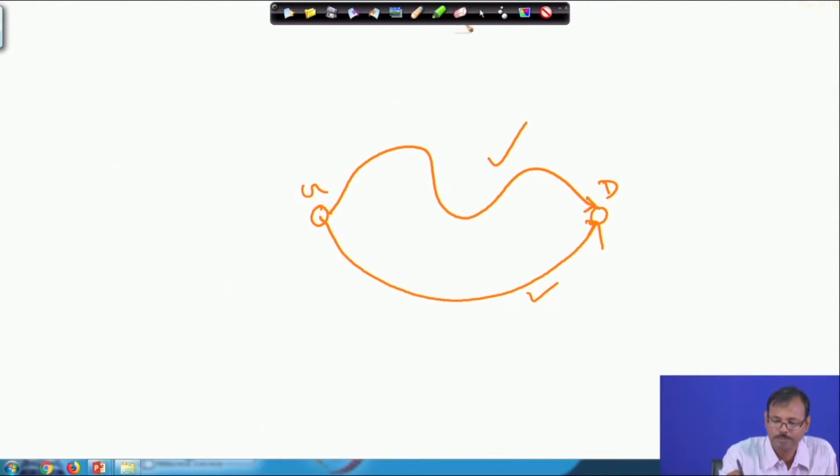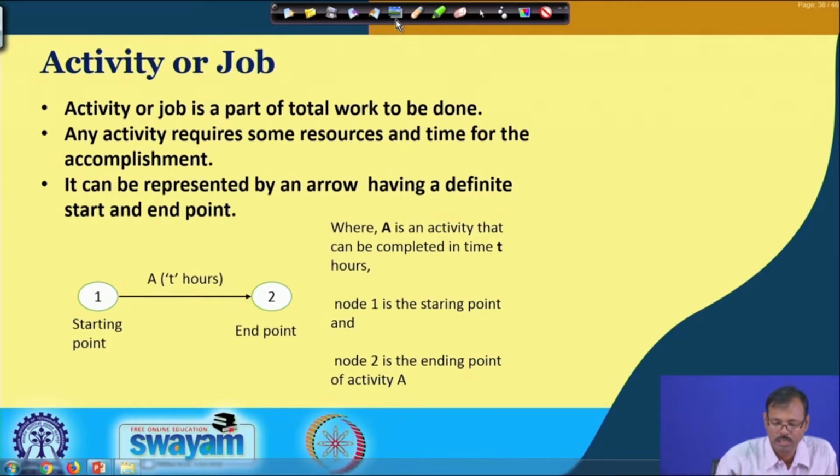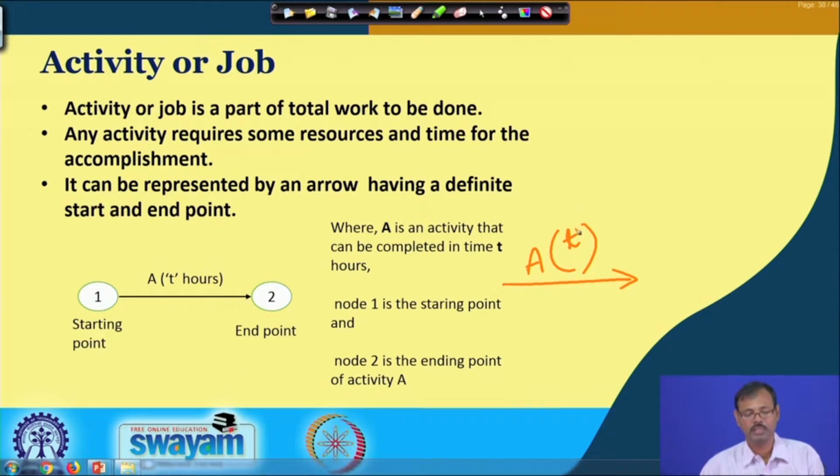So, basically, an arrow is nothing but an activity, named or job named as A. In the bracket, the duration of the activity is expressed in the network.